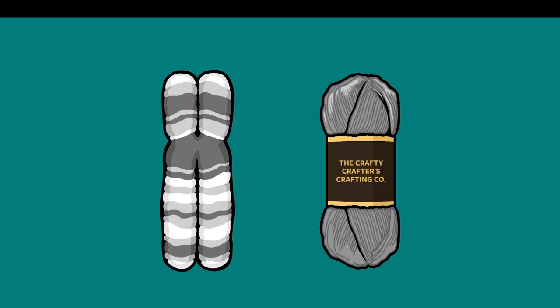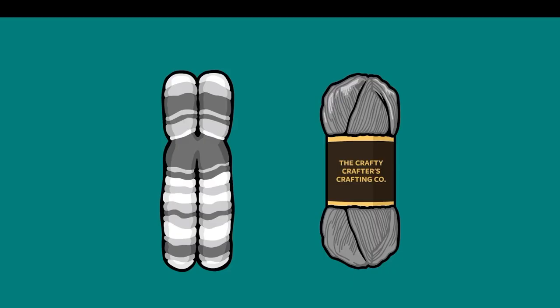Can you imagine if I took 46 balls of yarn and I unraveled them so they're just long strands, and then I took them all and I threw them onto the floor? How easy would it be to organize them to get one to one side and one to the other side? That would be very hard, yes?